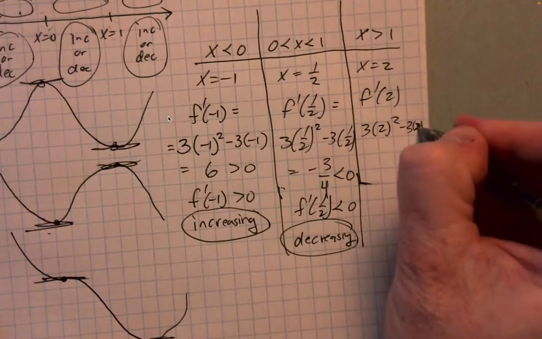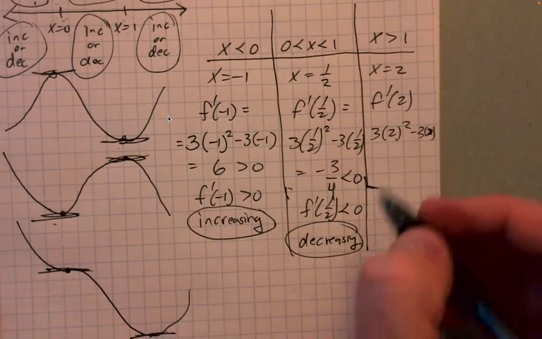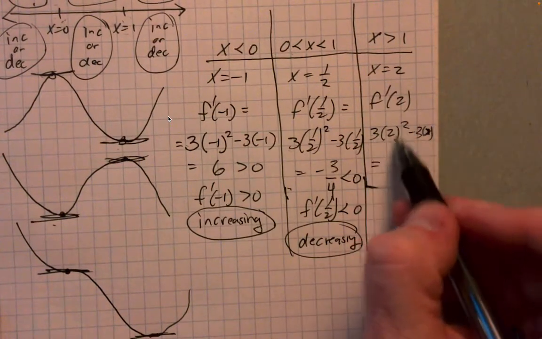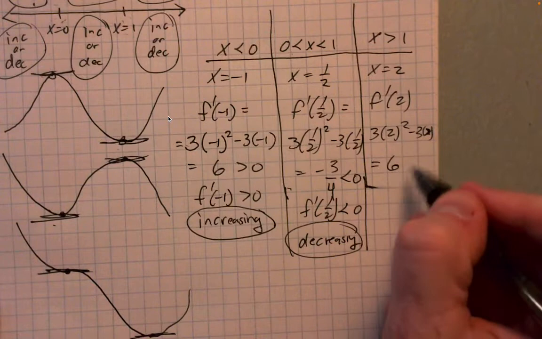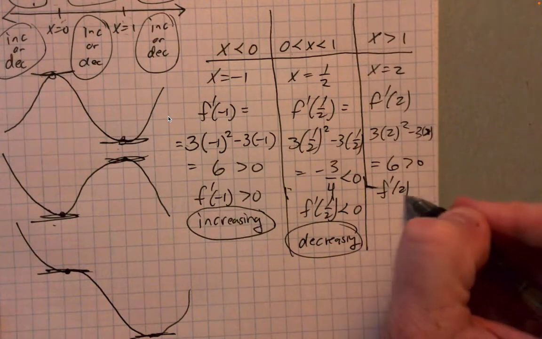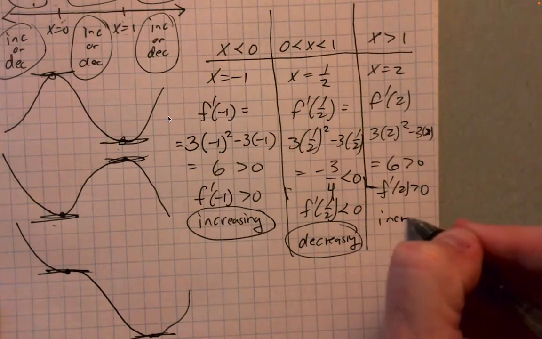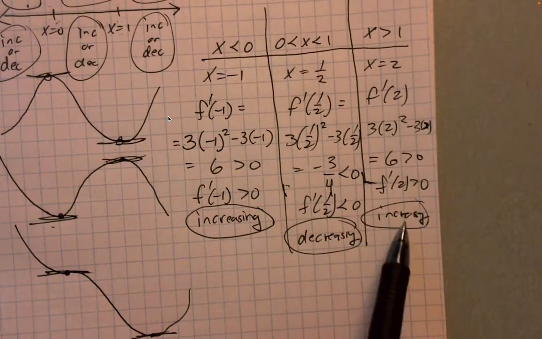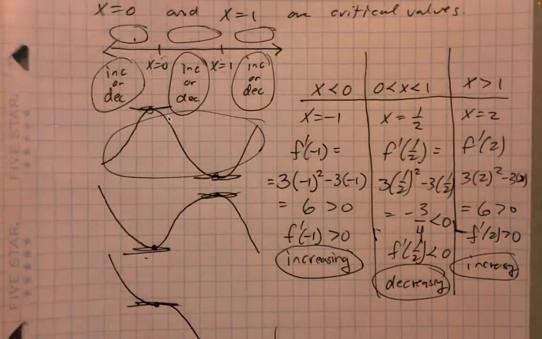It's getting a little small over here, but you can see. When we plug all of that in, we should get 3 times 4 is 12 minus 6, so 6, greater than 0 again. So f prime of 2 is greater than 0, so here it's increasing. All right. Increasing, decreasing, increasing. So it is, in fact, this kind of a scenario.